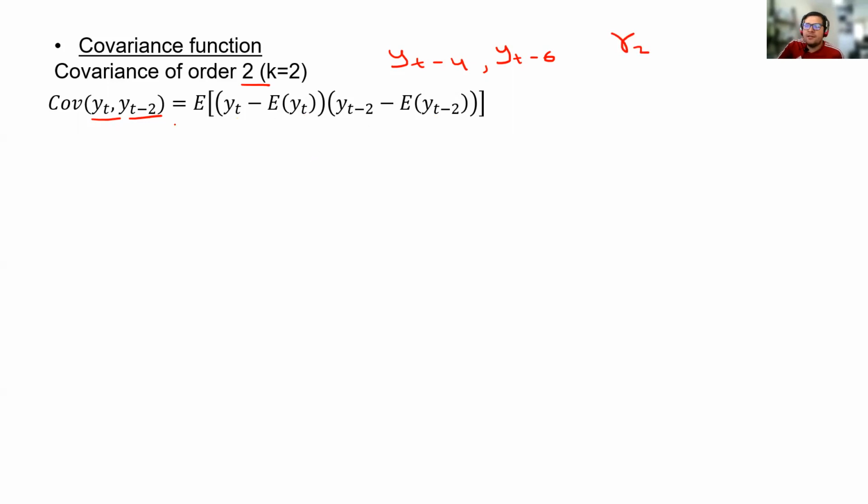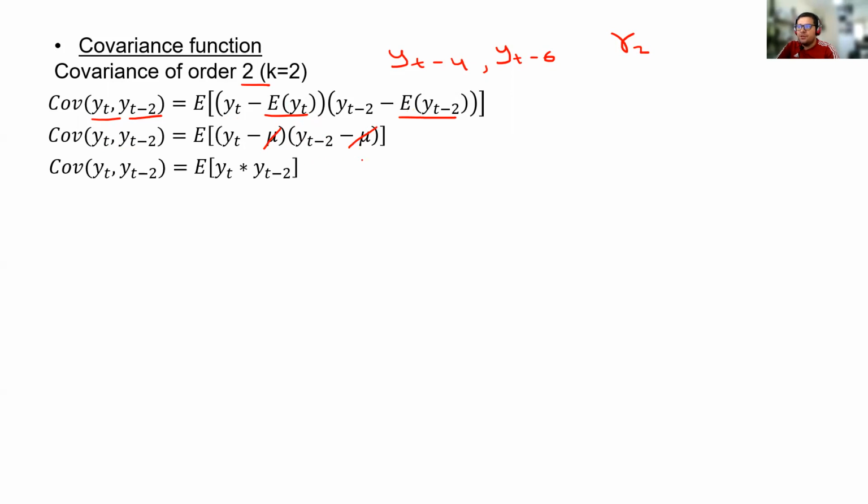The same way to operate this, and we know that the expected value of yt and yt minus 2 is equal to mu, and we have set alpha 0 to be 0. Therefore, mu will disappear from here. We're left with the same equivalency as before, where the covariance between yt and yt minus 2 is equal to the expected value of yt times yt minus 2.